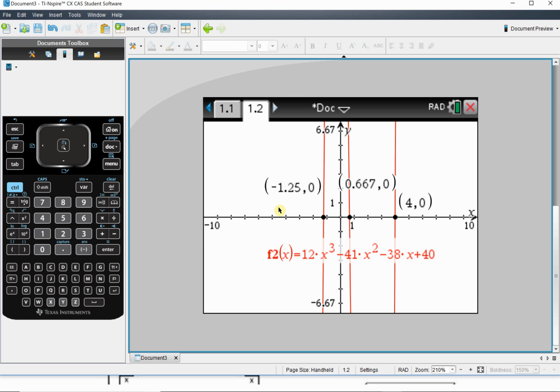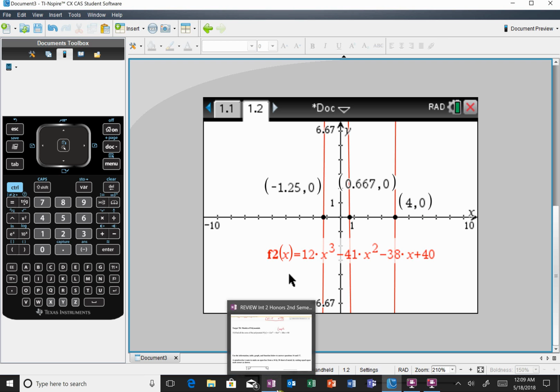Just know that in the final, you will probably get them as fractions instead. So just make sure you know how to turn them into fractions. Negative 1.25, I know that is negative 5 over 4. 0.667, since it's rounded, I know the 6 was continuing, so therefore it's 2 over 3. And this one would be just 4.